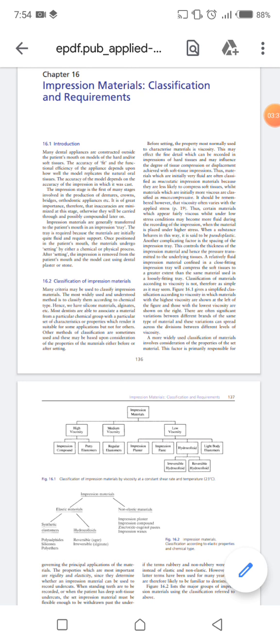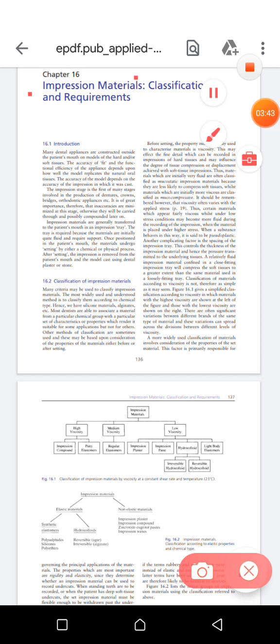So if we classify impression materials, we will be classifying them into four: according to mode of setting, according to dental use, according to chemical properties, and according to viscosity.